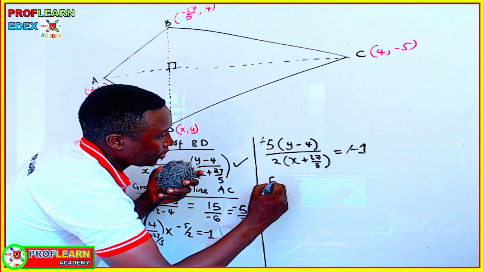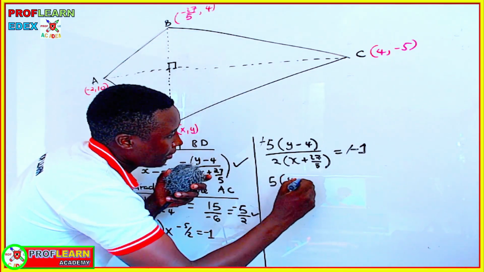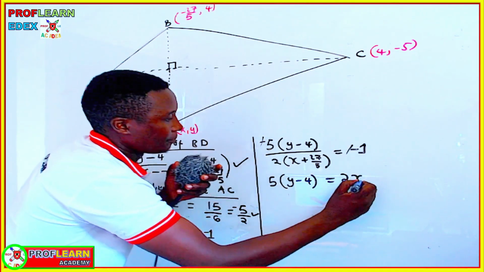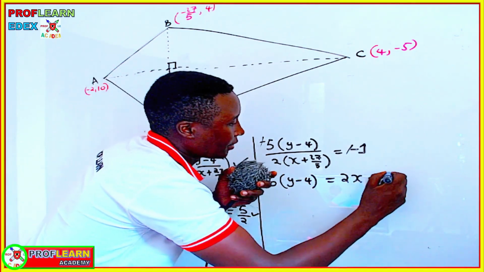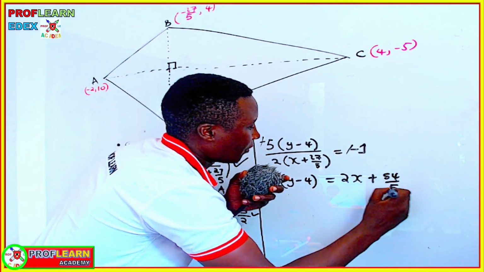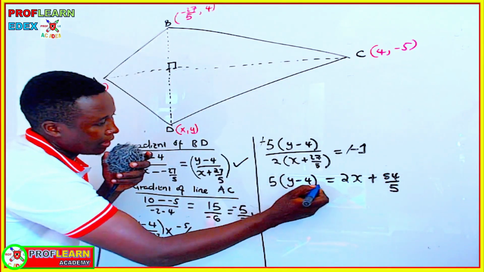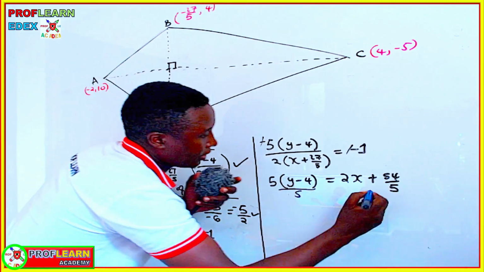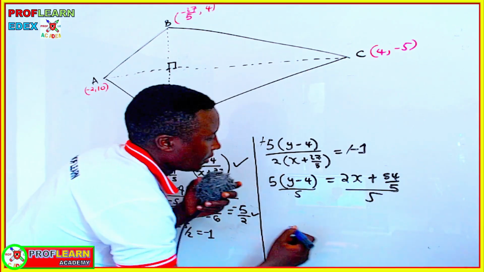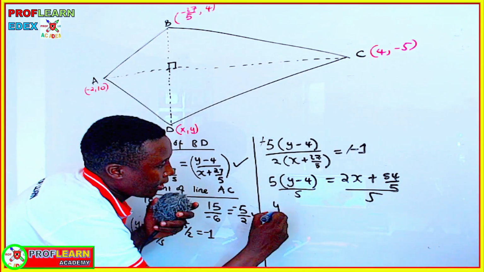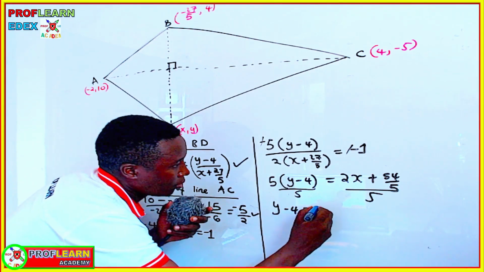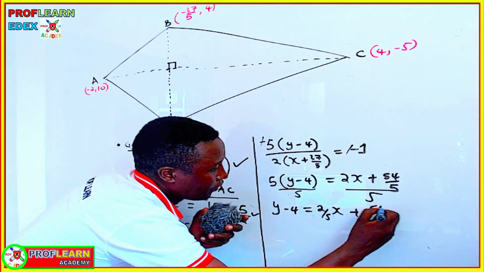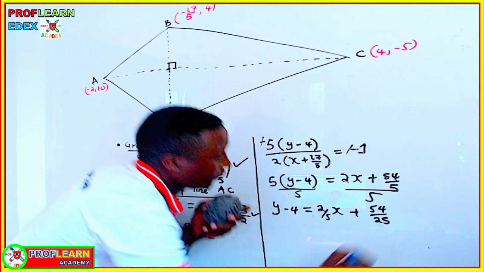We end up remaining with 5 into bracket y minus 4 equals 2x plus 54 over 5. I can divide by 5 all through. We end up having y minus 4 equals 2 over 5x plus 54 over 25.